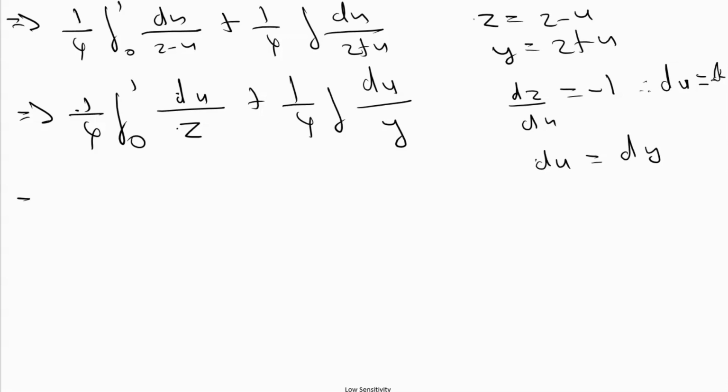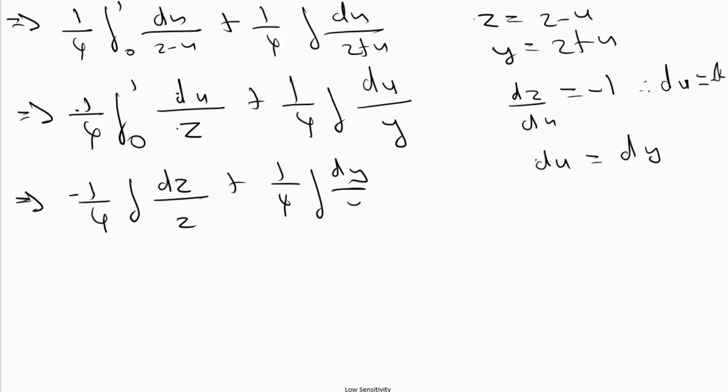So we can rewrite this as 1 over 4, and this becomes negative because of that, so this is dz over z, plus 1 over 4 dy over y.